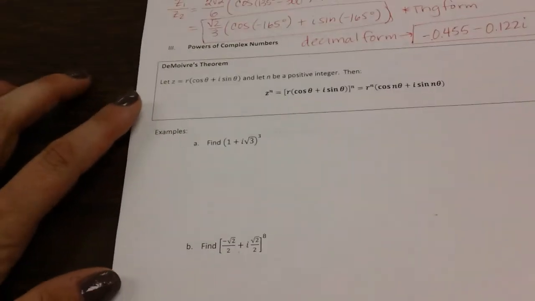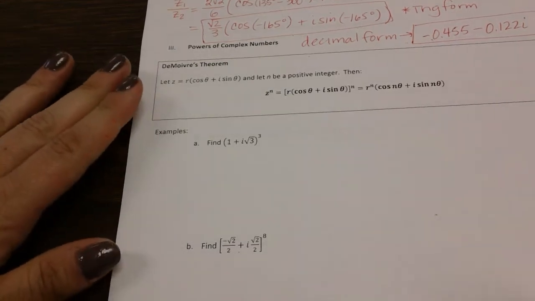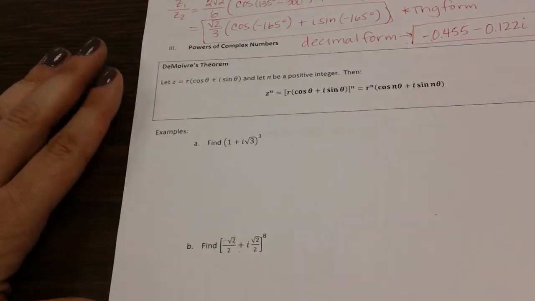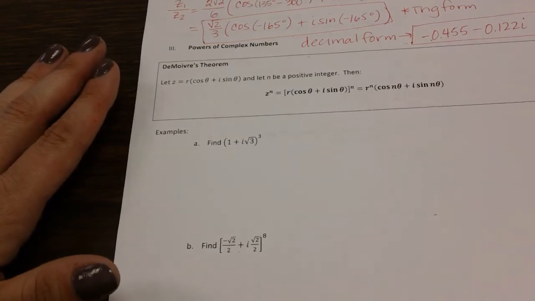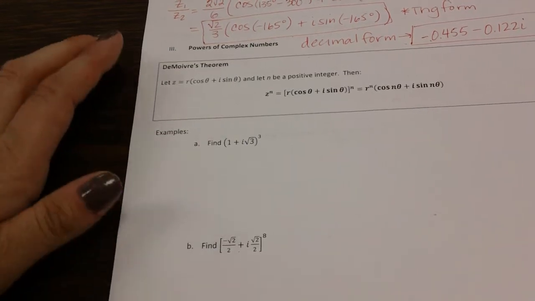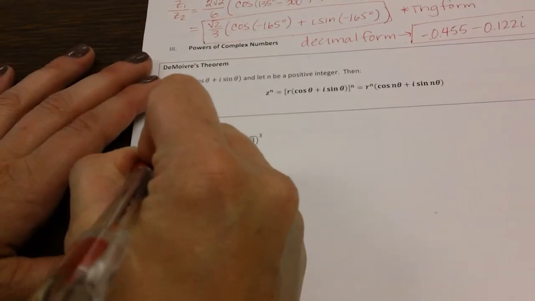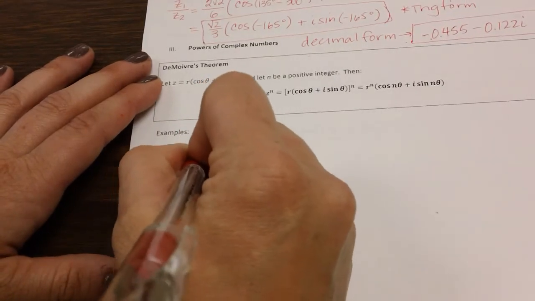So for example A, it says 1 plus i square roots of 3, all to the third power, okay? So first of all, we need to change that to a trig form. My apologies. Okay, so if we work through that, we need to take 1 plus i square roots of 3 and we need to convert it to trig form.